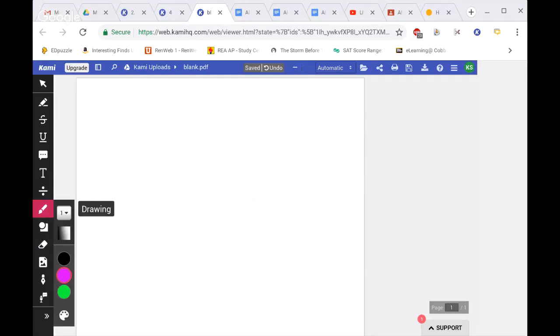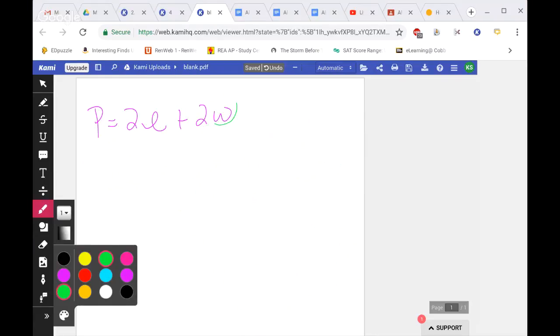Okay. The perimeter P of a rectangle is given by the formula P equals 2L plus 2W, where L is the length and W is the width. Solve the formula for the width W. So what they're asking us to do is get this W all by itself. Okay? So the first thing, I have to do PEMDAS in reverse.